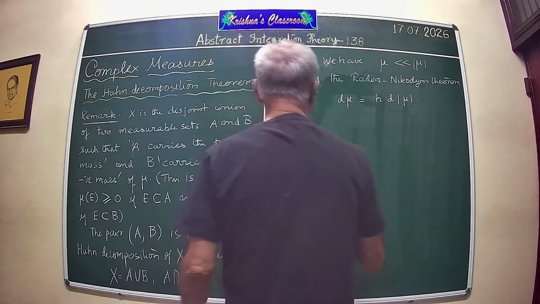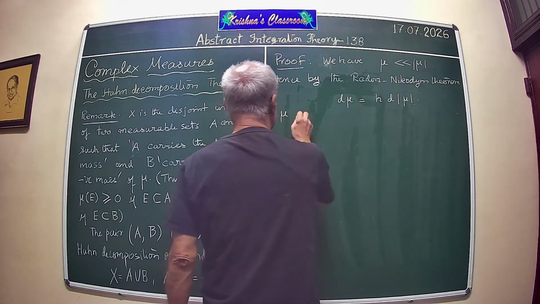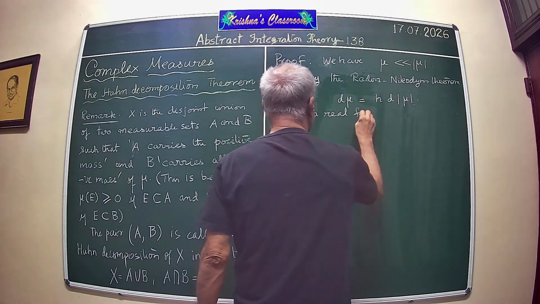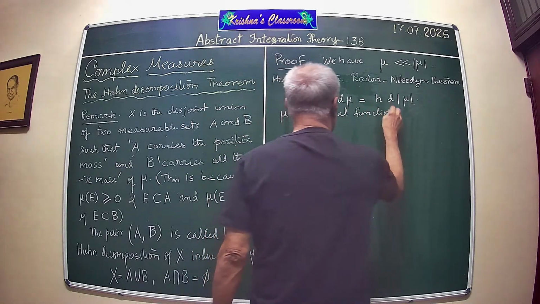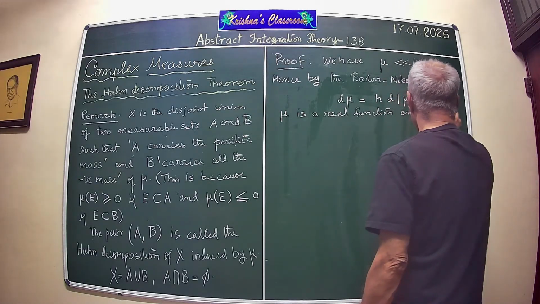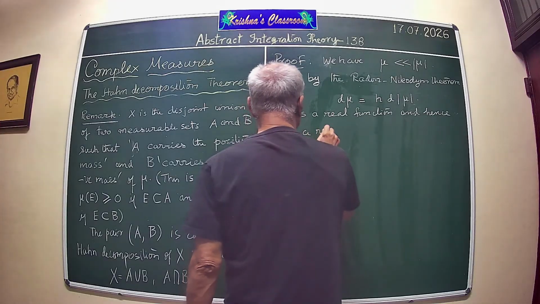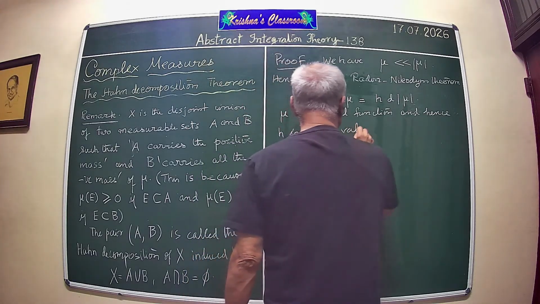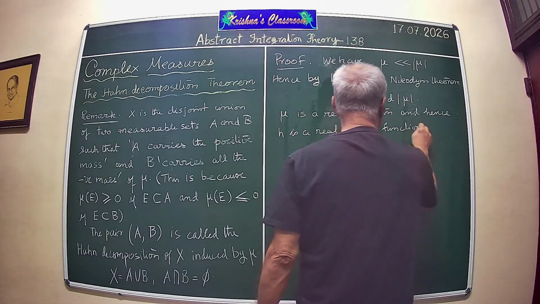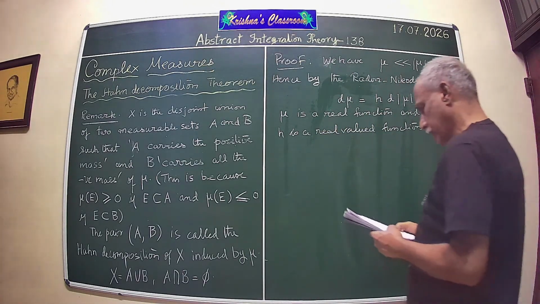Now you see that mu is a real function, and hence h is a real function. It's real valued.